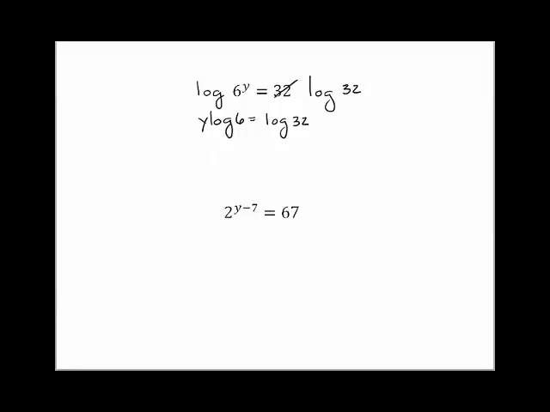All right. Now let's solve for this. We're using basic algebra properties. To get y to stand alone, we divide by log of 6. I'll write that out just this one time to remind you how to do that algebra.